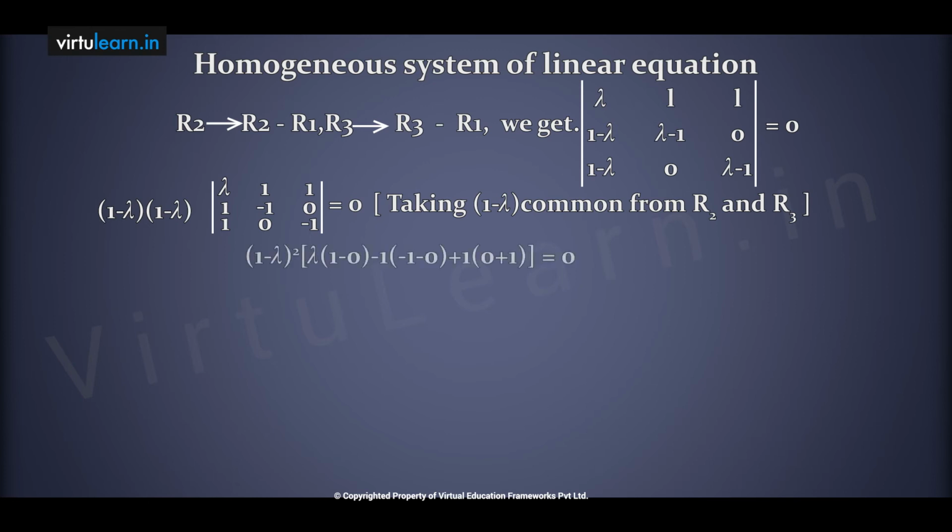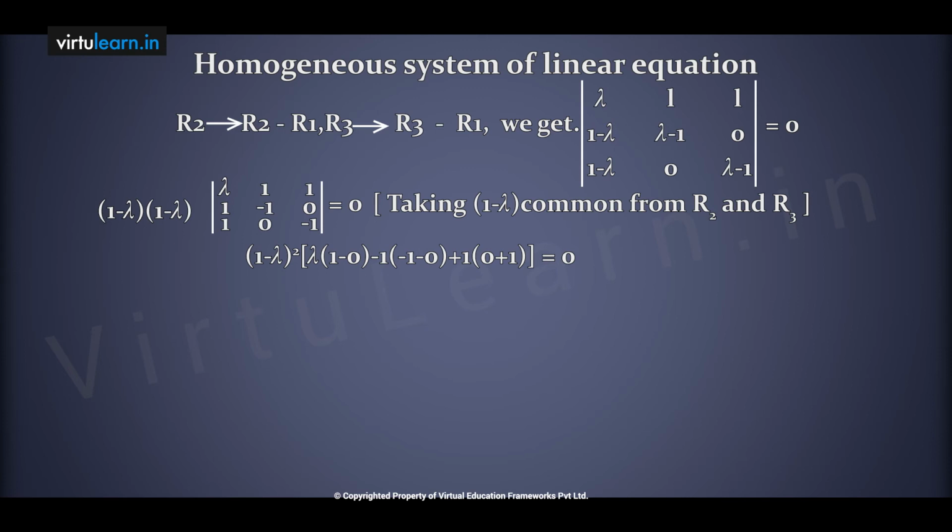Now 1 minus lambda whole square into, I will expand the determinant along the first row: lambda into 1 minus 0, deleting the first row first column; minus 1 into minus 1 minus 0, deleting the second column and first row; plus 1 into, deleting the third column and first row, 0 plus 1.